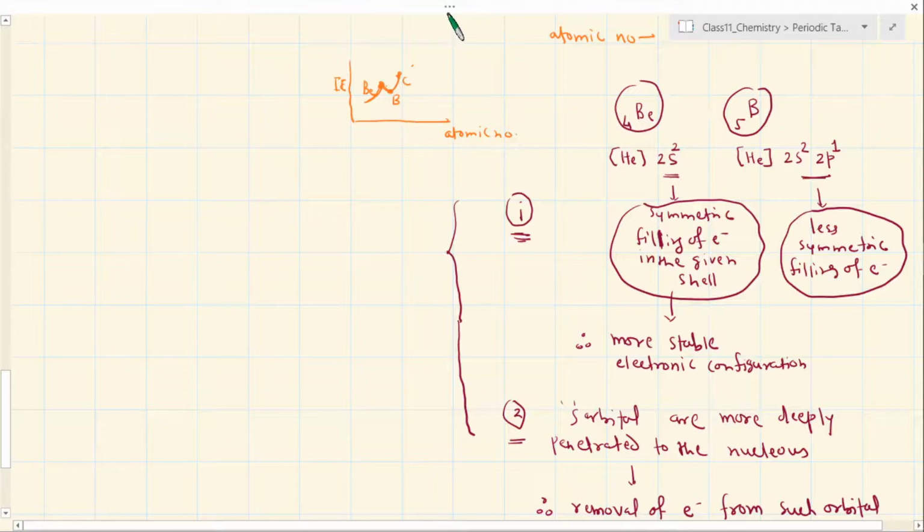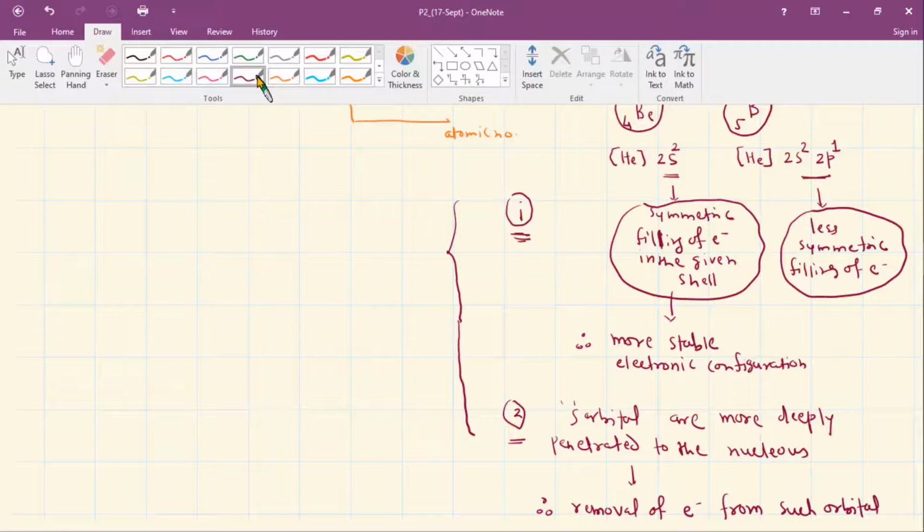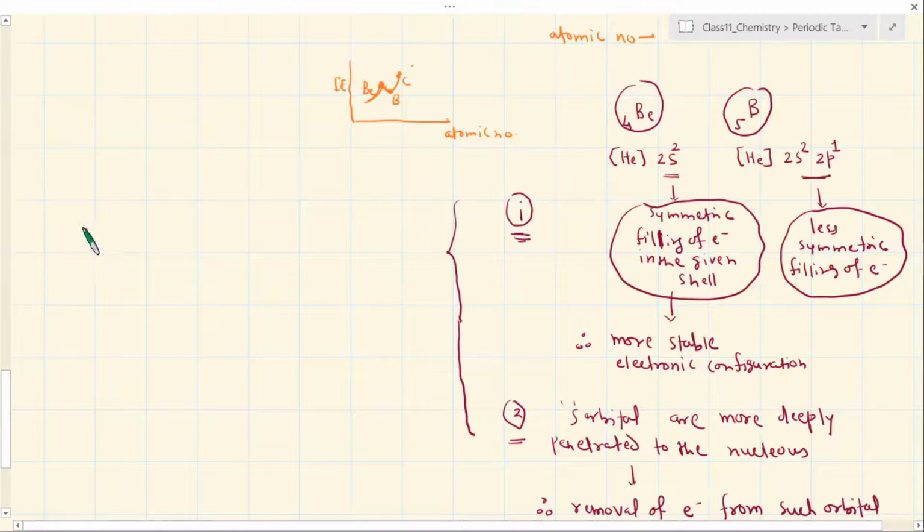In a similar manner, another question talks about, let's say, nitrogen and oxygen. Nitrogen atomic number 7, oxygen atomic number 8. If you go further like this, you will encounter carbon, and after carbon nitrogen.